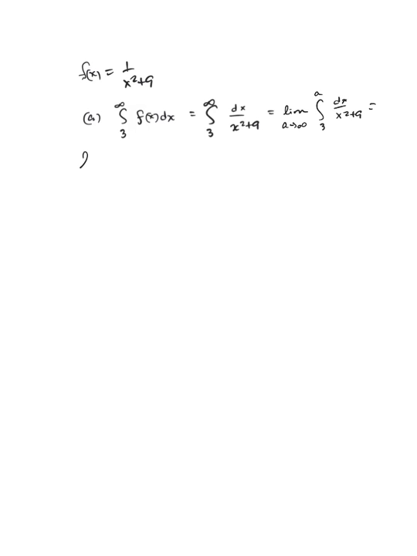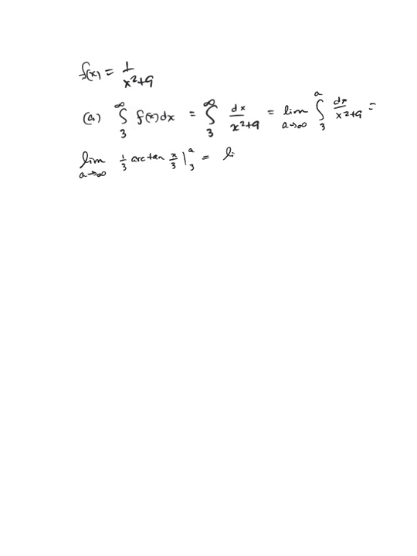So then we get the limit as a goes to infinity. Yes, you need to keep copying the limit, okay? And so when I evaluate this, I get 1/3 arctan x over 3, and my bounds of integration are from 3 to a, as a goes to infinity.